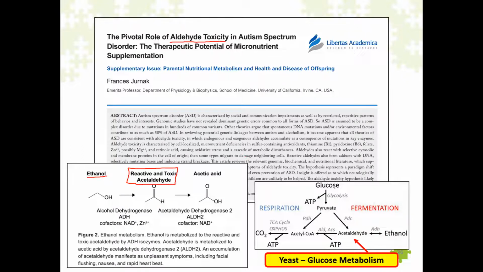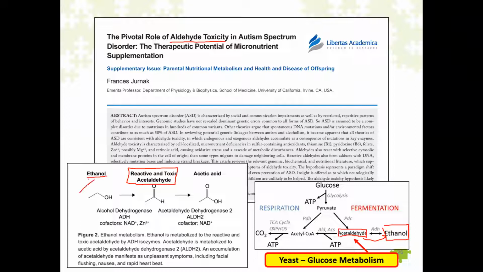But it's interesting, in the glucose metabolism of yeast cells, yeast will actually convert glucose into acetaldehyde, which then gets converted into ethanol. So we convert ethanol into acetaldehyde into acetic acid. Okay. Yeast cells, or candida, for example, will take glucose, convert it into acetaldehyde, and then into ethanol.